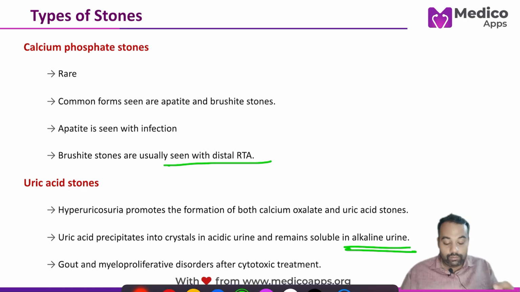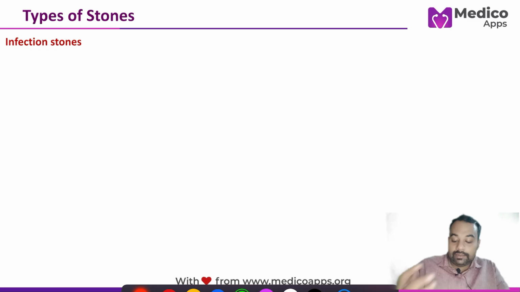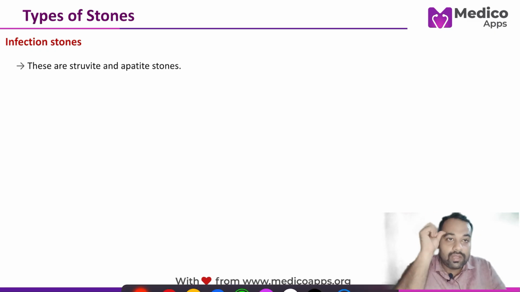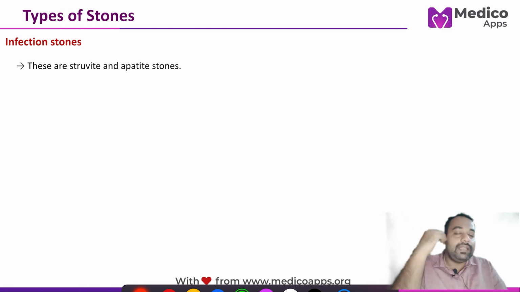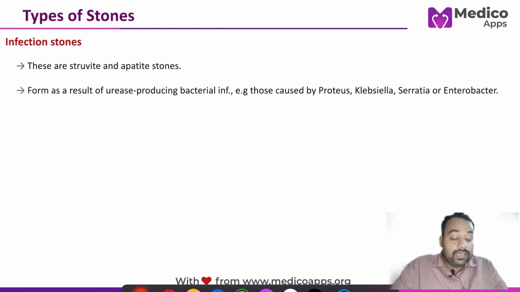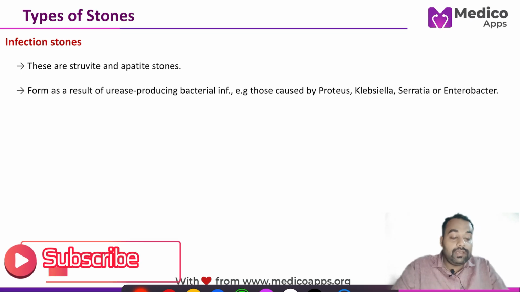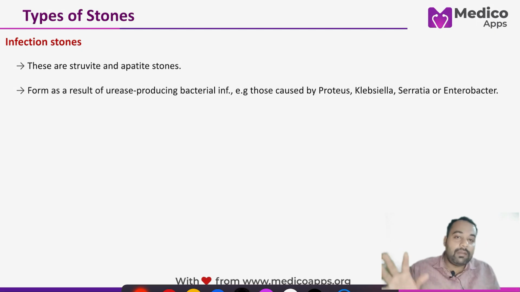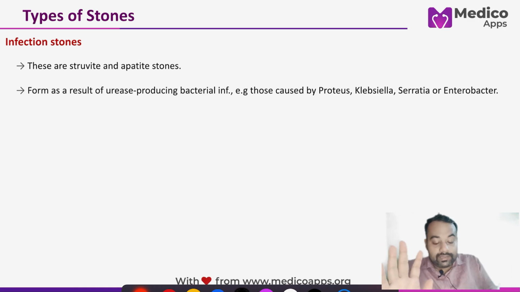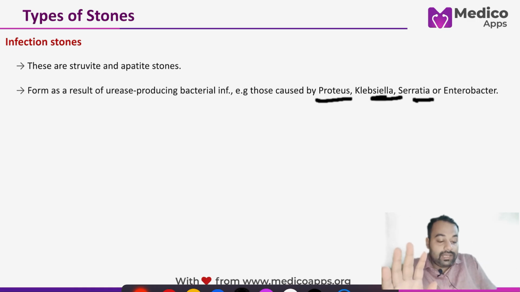Okay. Now, regarding the other types, there are infective stones. We already have the apatite stone, then comes the struvite stone. Why is this kind of stone formed in the presence of infection? Because there are some organisms, the urease-producing bacteria, like Proteus, Klebsiella, Serratia, Enterobacter.